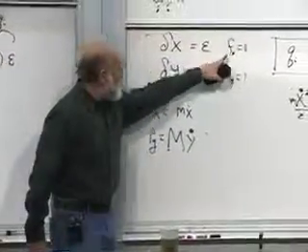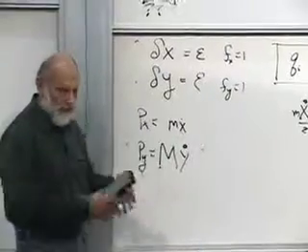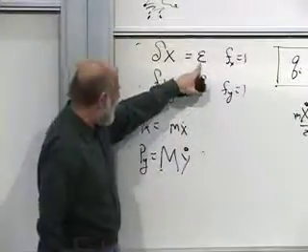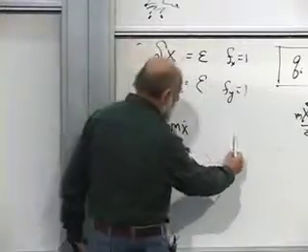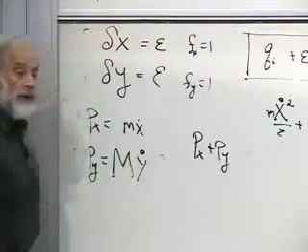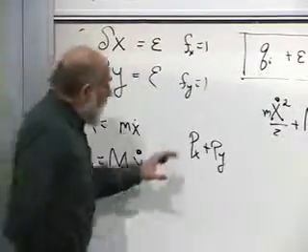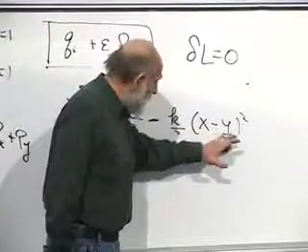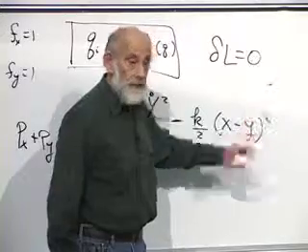The shift of each of the coordinates is just by 1 unit. I mean, you can drop the epsilon. The epsilon is just there to remind you that we're talking about a small shift. So what's the conserved quantity? It's just p x plus p y, the total ordinary linear momentum. But it's only conserved because the potential energy doesn't change when you make a shift.